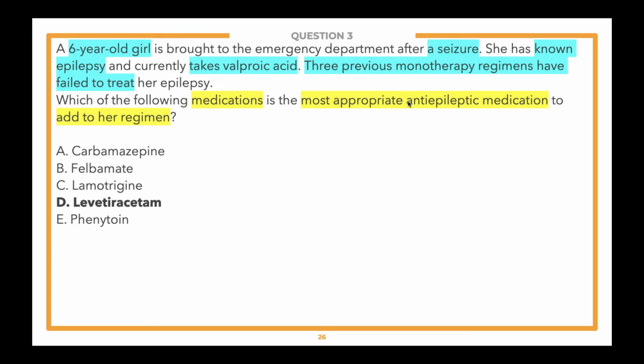Not necessarily to switch with valproic acid, but to add on to valproic acid. So if you're going to add on a medication to another medication, you need to be on the lookout for potential drug-drug interactions, okay?